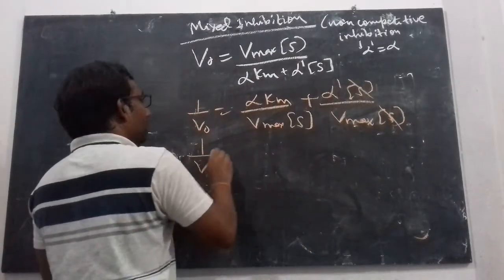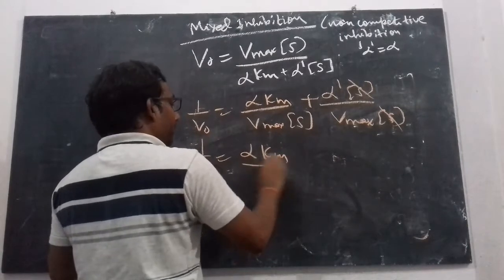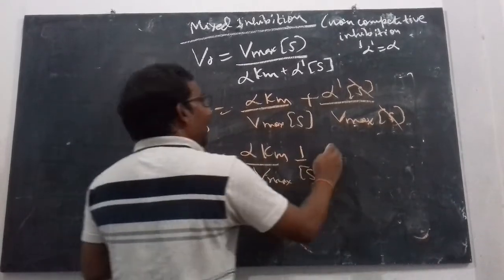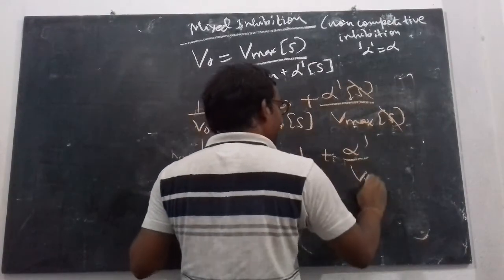So 1 by V naught is equal to alpha Km by Vmax into 1 by S, plus alpha dash by Vmax.